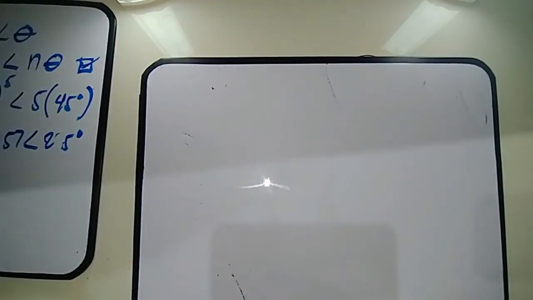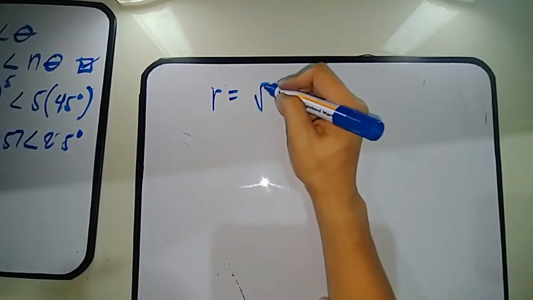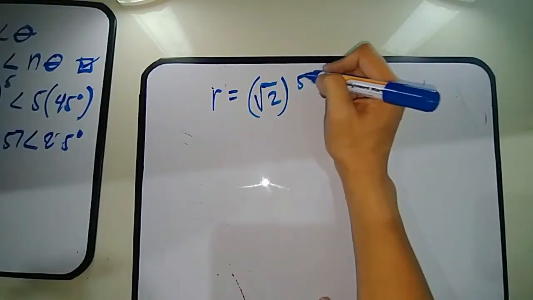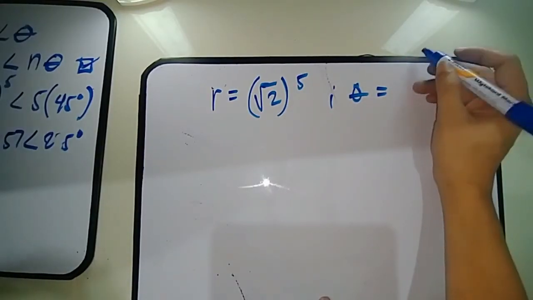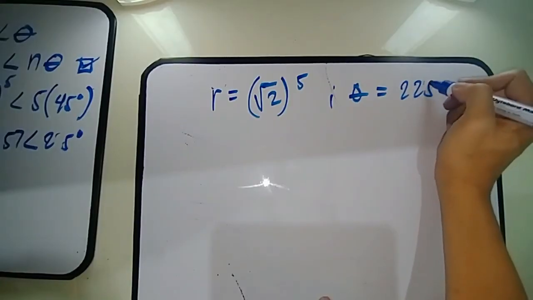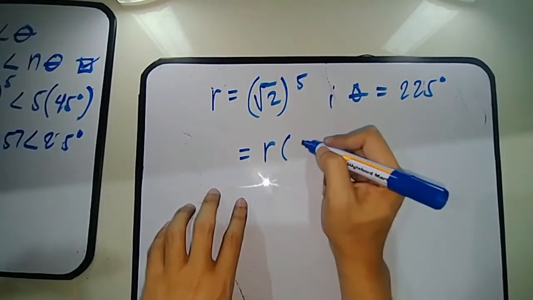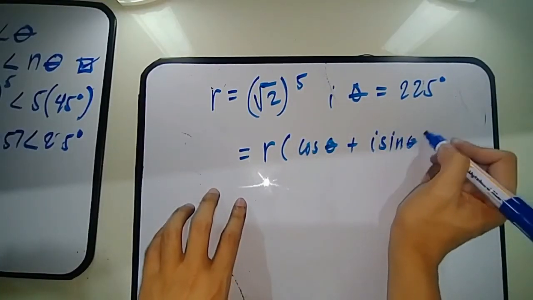Raising that r to 5, yung bago nating r is square root of 2. Yung saktong value yung ilagay natin para eksakto yung nasa calculator. Then theta is 5 times 45, so 225 degrees. Yung magiging trigonometric form niya guys is r cosine theta plus i sine theta.